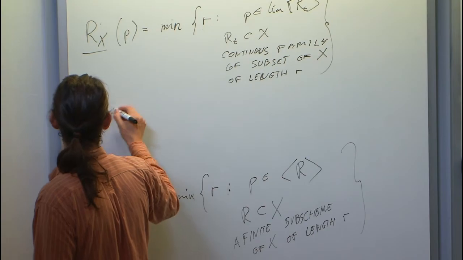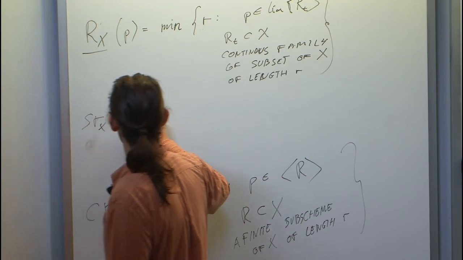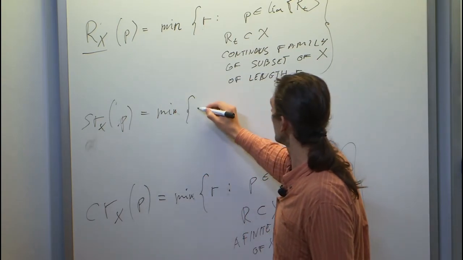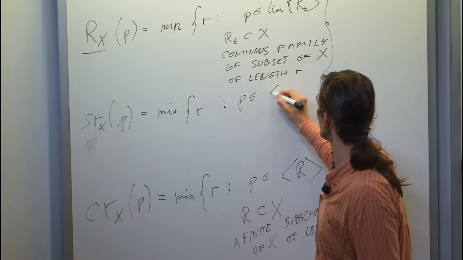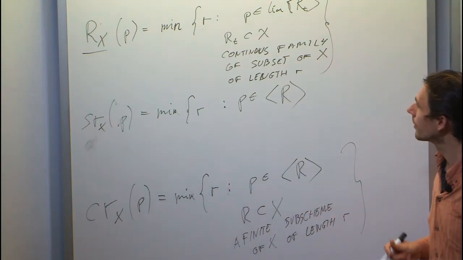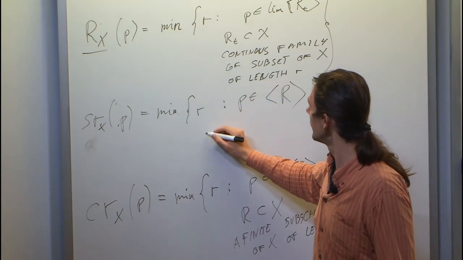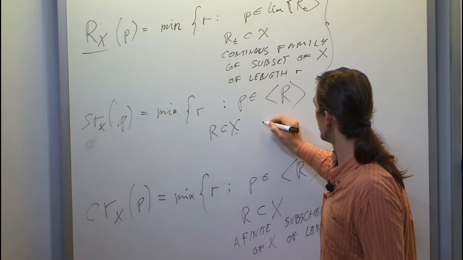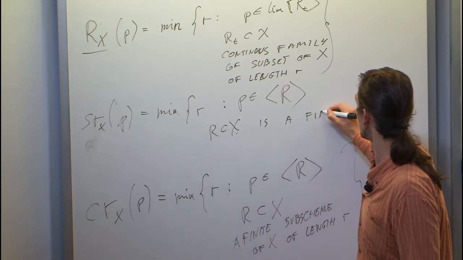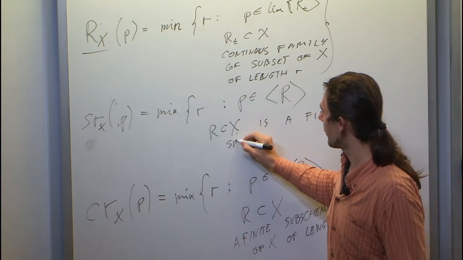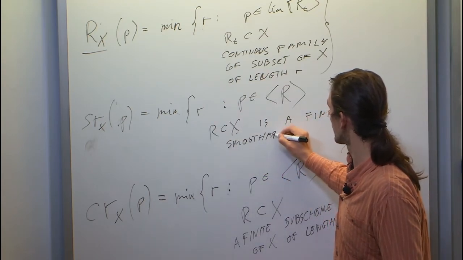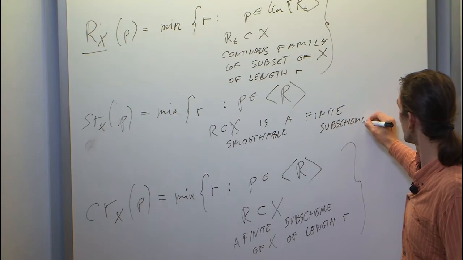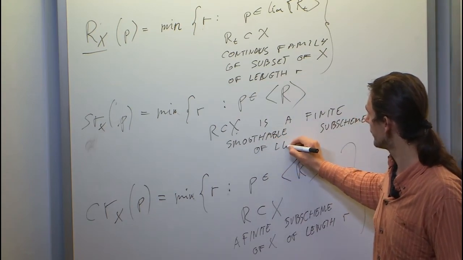And the middle notion, the X smoothable rank of P, is the minimum r such that P is in the linear span of R, and R in X is a finite smoothable subscheme of length r.